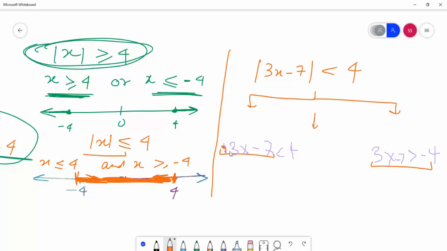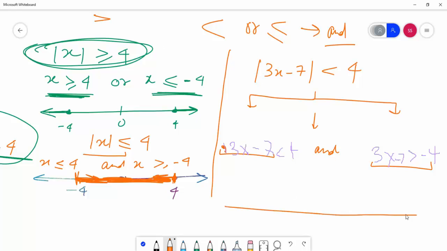Yeah, but what is in between? Is it and or or? For less than or less than or equal to, it's and. For greater than or greater than or equal to, it is or. So it is and here.